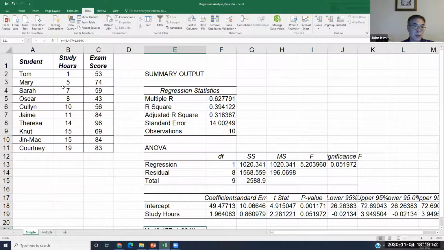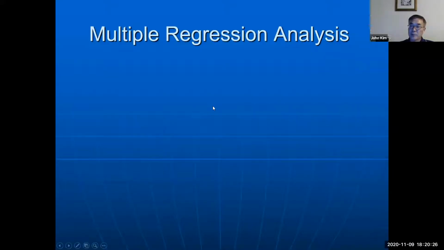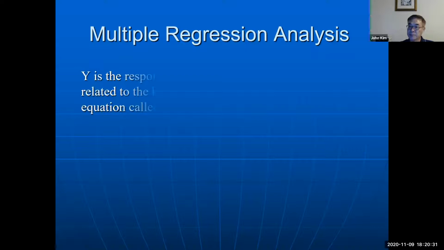If we have only one X variable, then we call that simple regression analysis, because there is only one X variable. But if we have more X variables, then we call that multiple regression analysis, because there are two or more X variables.